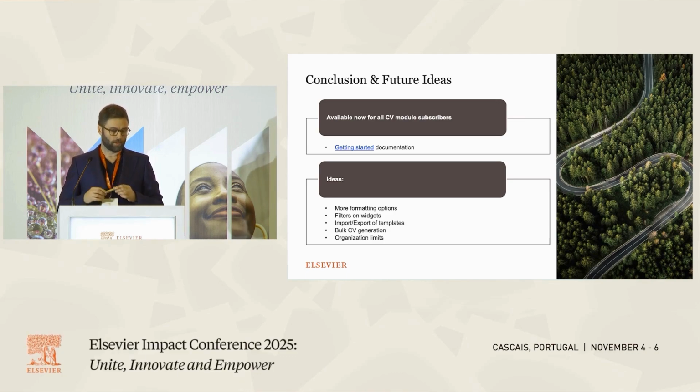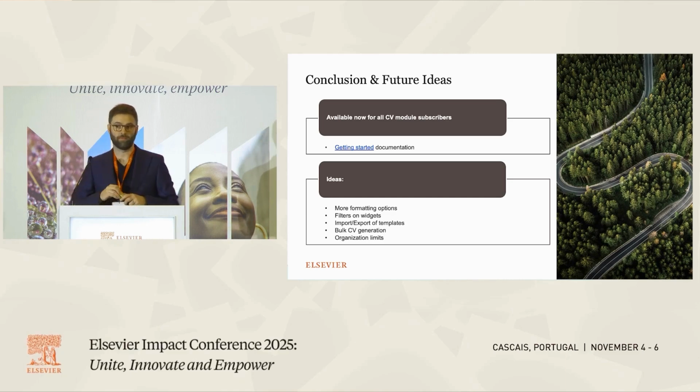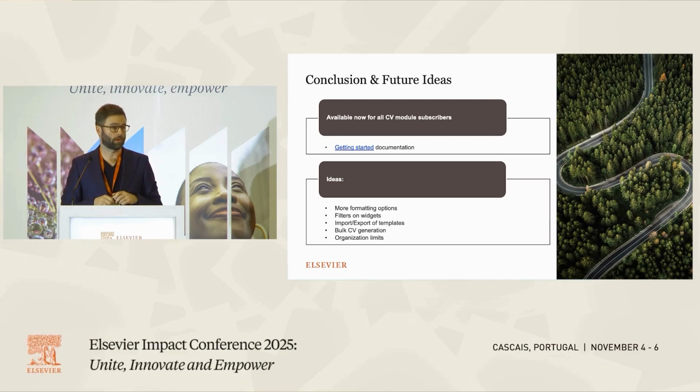Bulk CV generation is also quite an interesting topic that we want to explore. So now you have the ability to create a template. In order to use these templates, it's a manual process, so the researchers themselves have to go into Pure, click create new CV, use the correct template. We could also imagine that you have a template and you want to promote that.